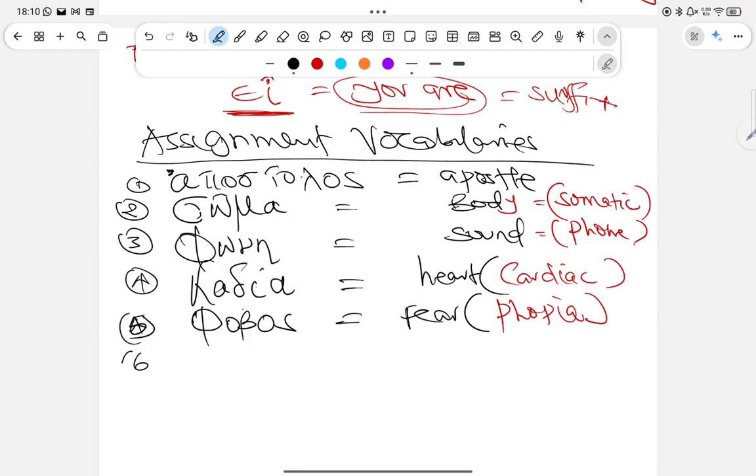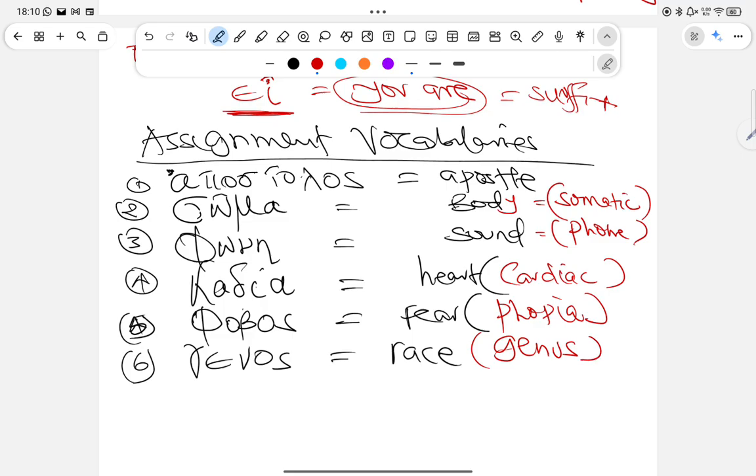Number 6 is genos. Genos, epsilon, nu, omicron, sigma, genos. And that is race. Think of at least English genius, right?